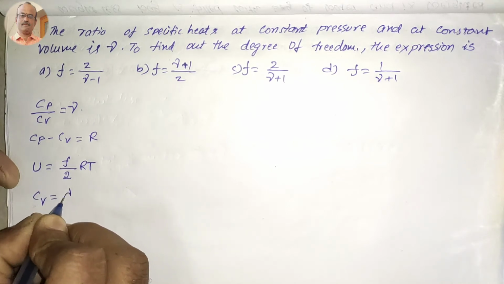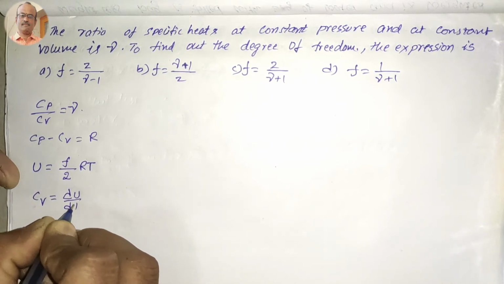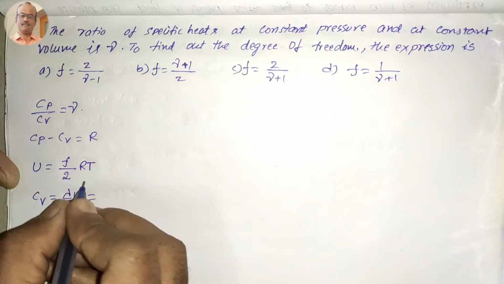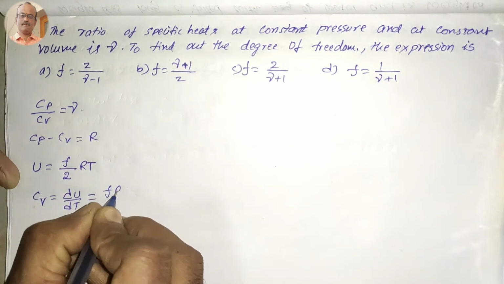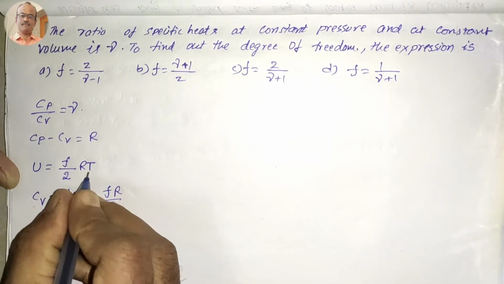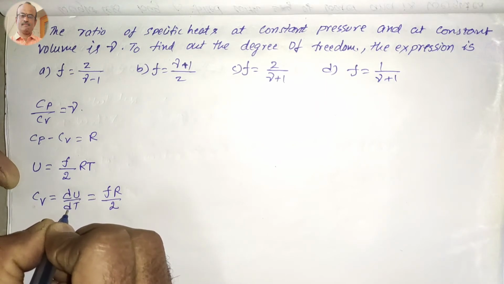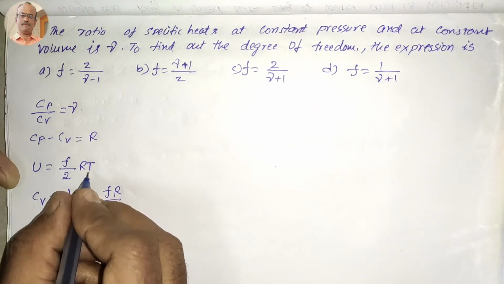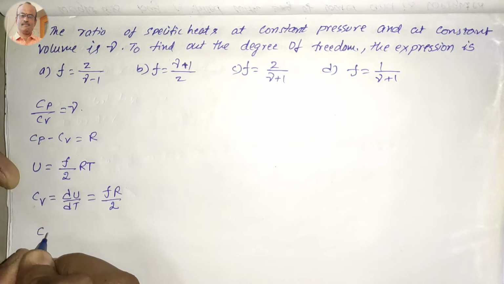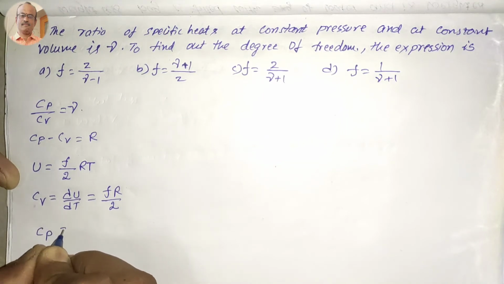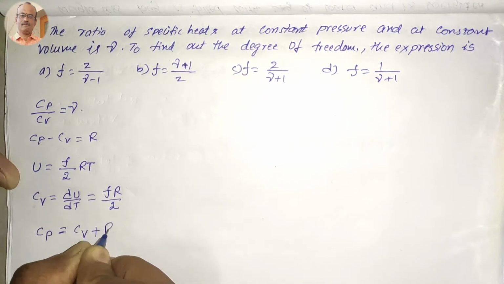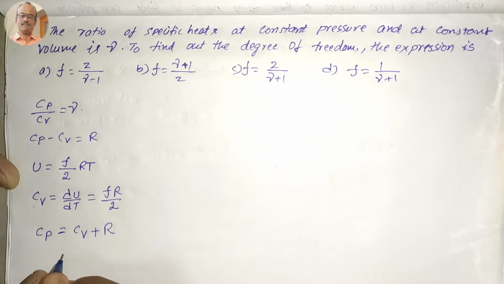So that means du by dT is equal to the differentiation of this, F into R by 2. Why? Because the derivative with respect to temperature means this T will get cancelled. So what happens here? Cp is equal to Cv plus R. But what is Cv here?